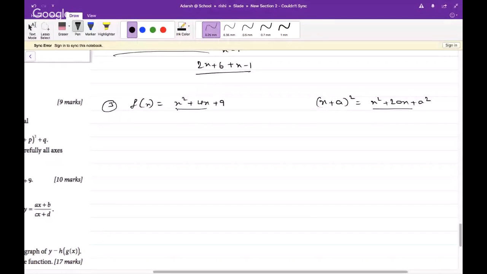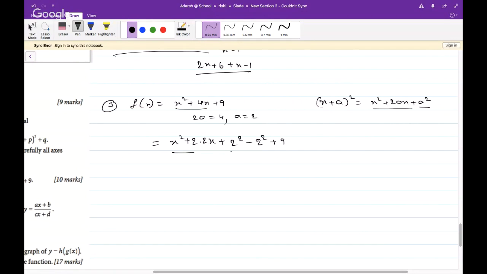So x square is x square, 2a is 4. So 2a happens to be 4, so a happens to be 2. And in this there is a third term which is a square. So we have to bring that and subtract that. So it is x square plus 2 into 2 into x plus we are bringing a square which is 2 square. We are subtracting that 2 square plus 9. So the first three terms become x plus 2 the whole square, minus 4 plus 9. So it is plus 5.